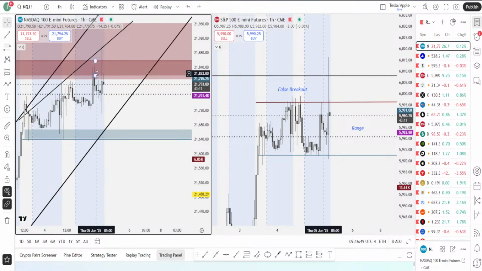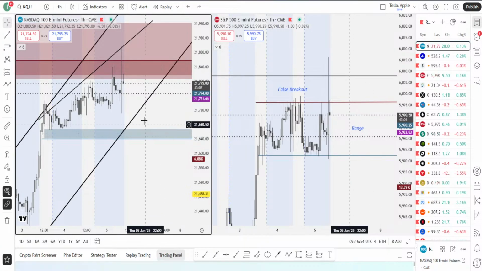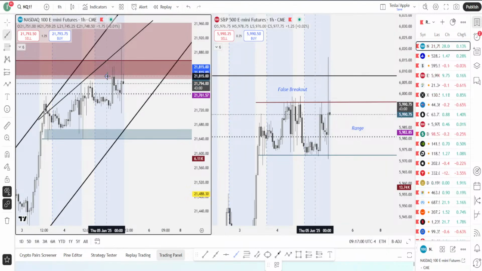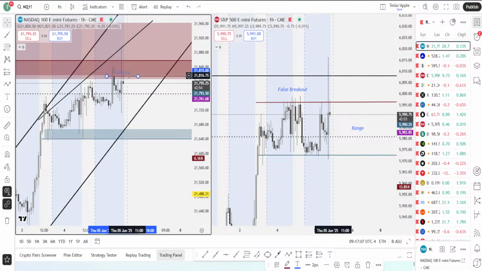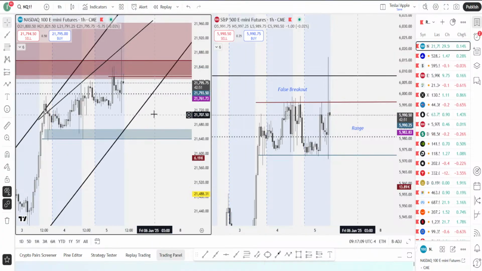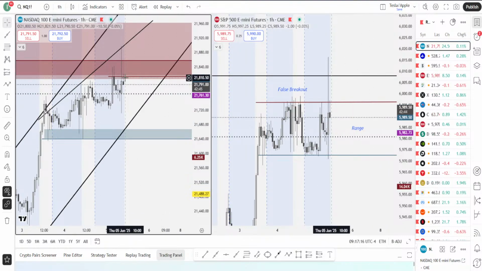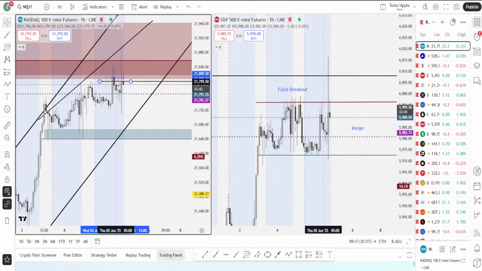We had this false breakout here as well on the chart. Okay, so we got a false breakout. See here, we got a break and a close above.